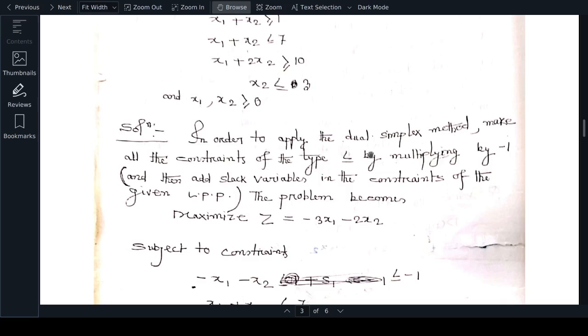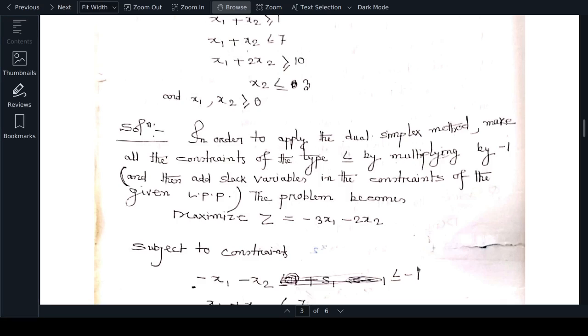Next, step number 2: all constraint inequality symbols should be less than or equal to. Here the first constraint contains a greater than or equal to symbol, x1 plus x2 greater than or equal to 1.